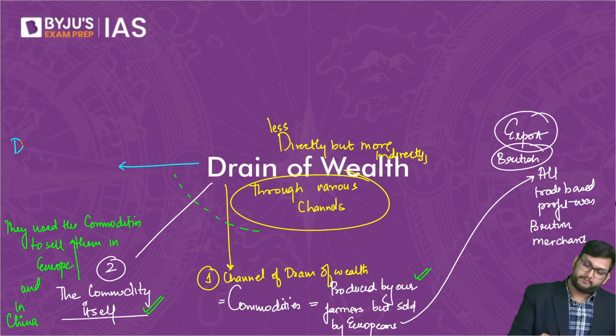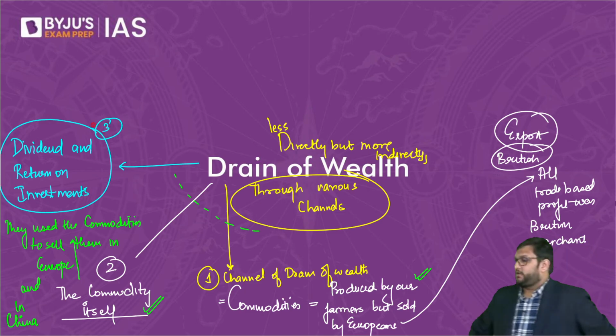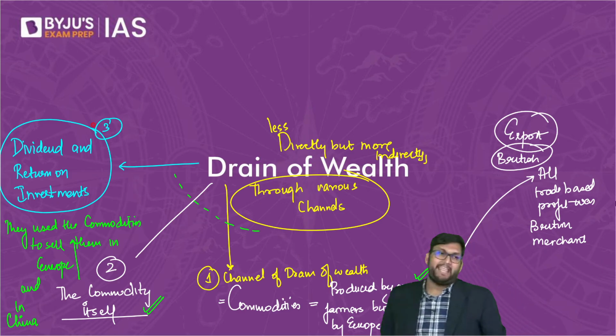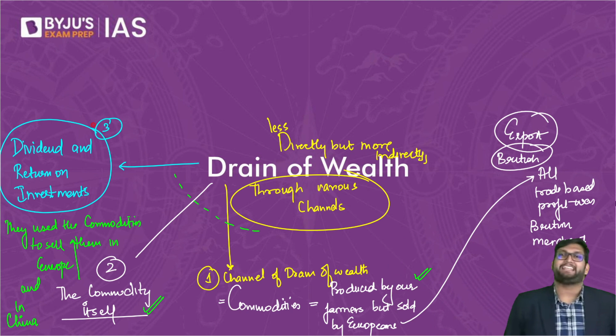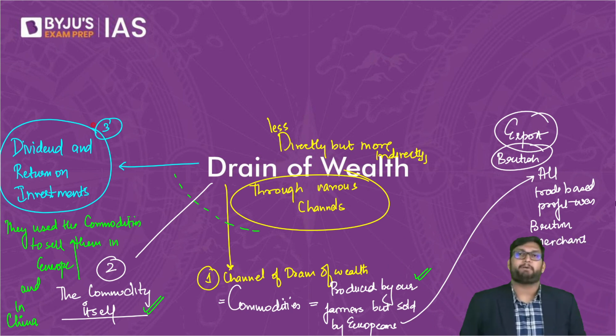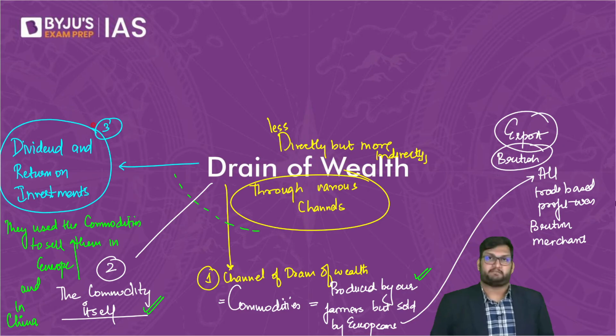So very simply, any dividend transferred to the shareholder or any return on investment, for example, the guaranteed return on railway investment of 5%.